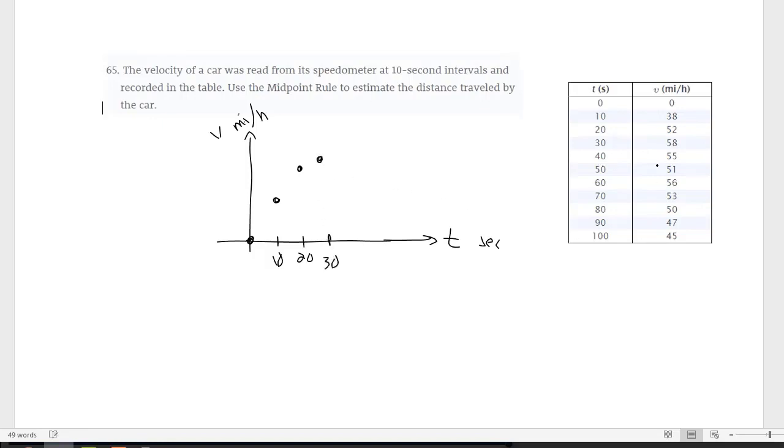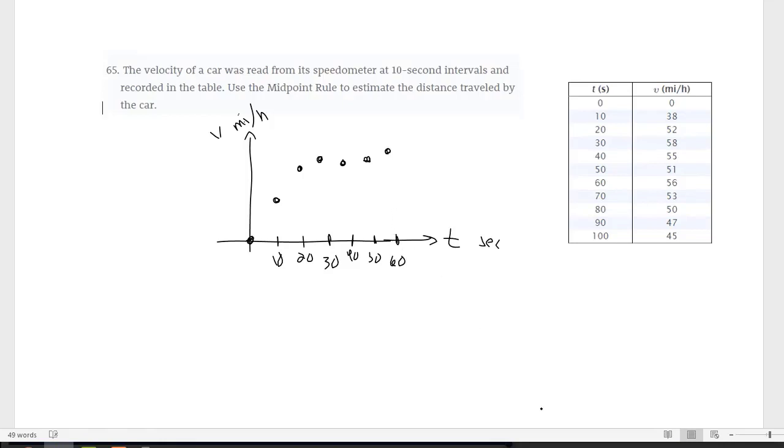At time 40, my speed was 55, roughly there, and so on. So here are the points on my graph. T equals 50, I'm at 51, T equals 60, what was I at? I was at 56. All right, I'm going to stop plotting the points here.